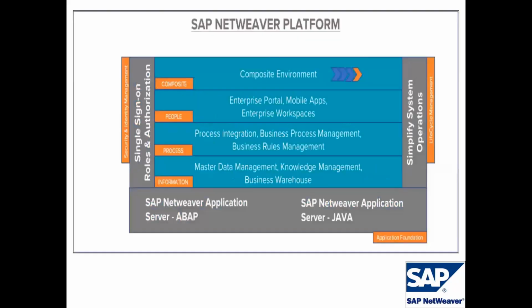When you talk about the NetWeaver platform, it is divided into four parts. The lowest layer is your coding language, Java as well as ABAP, which we are not concentrating on, because that is not something a customer or an end user would be dealing with.